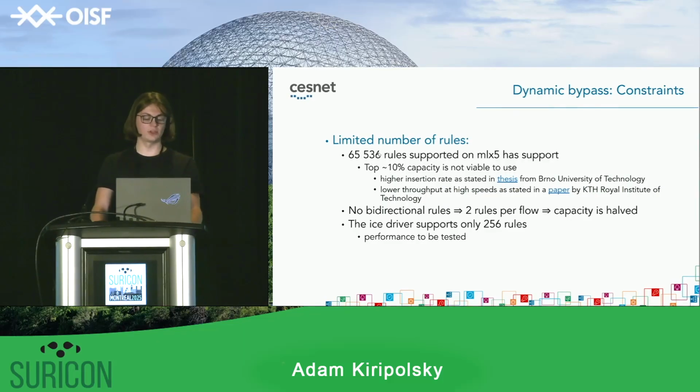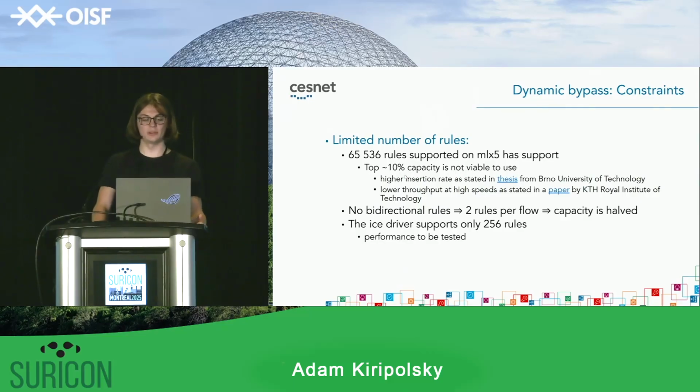It's not viable to use the top 10% of this capacity, as during the development of this feature we ran into 2 papers from Brno University of Technology and KTH Royal Institute of Technology showing that the top 10% of this capacity of these cards has lower throughput, meaning the drop rate at the same speeds is higher, and also the insertion rate of the rules in that capacity is much lower.